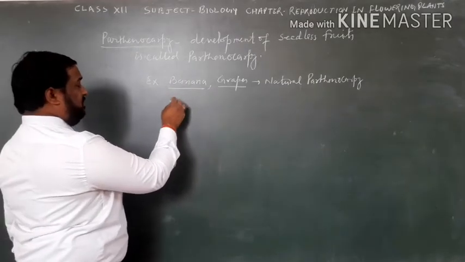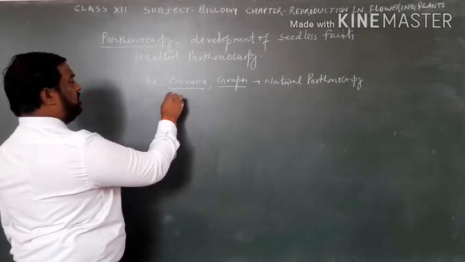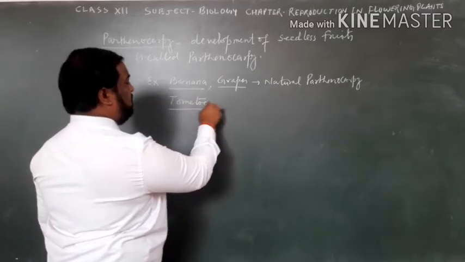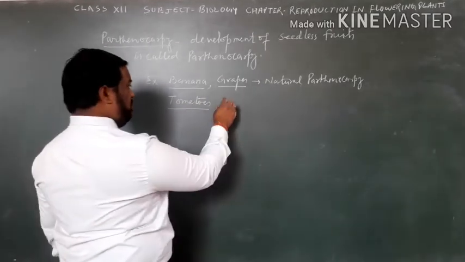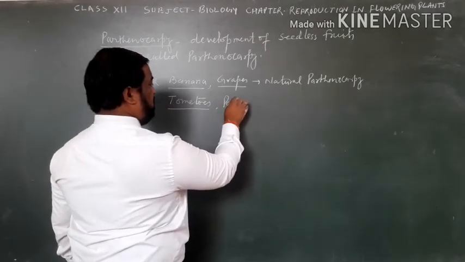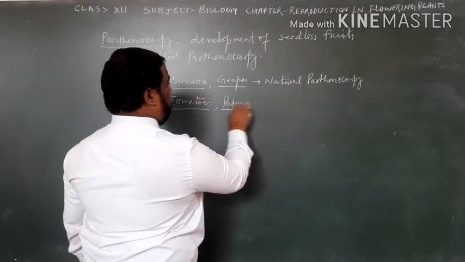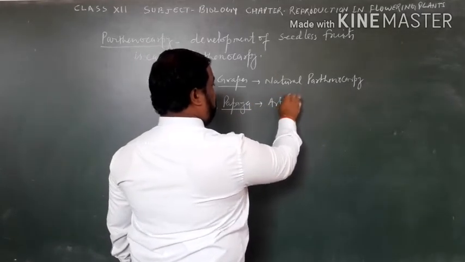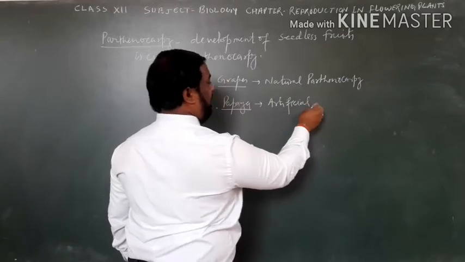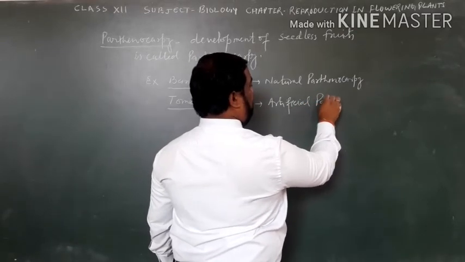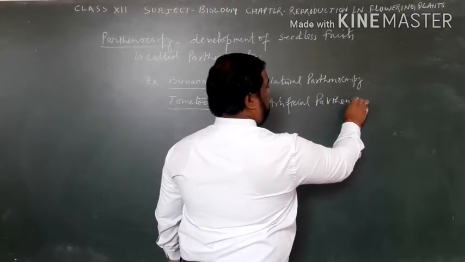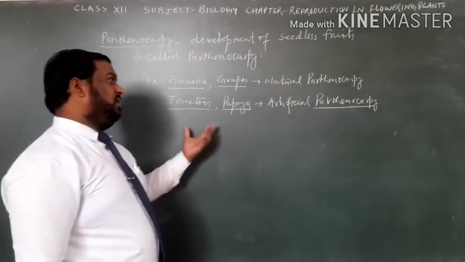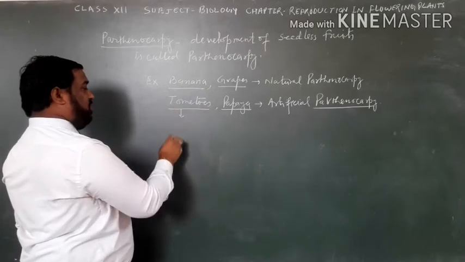Now second, tomatoes and papaya show artificial parthenocarpy. How is it possible?